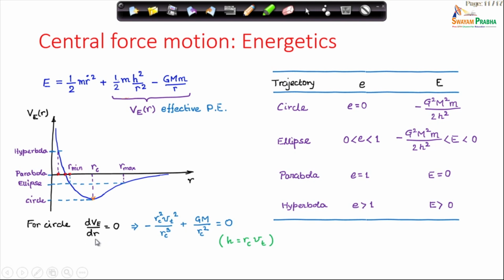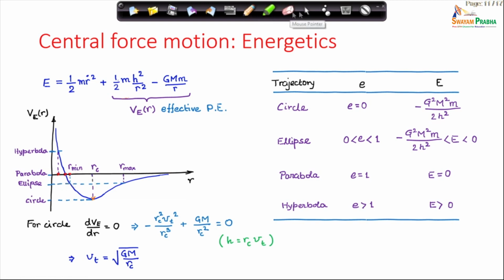So, d V e by d r is 0, and from here you can find out the radius of the circular path. If you simplify, you will also get the relation between the tangential velocity, the orbital speed, and the radius.